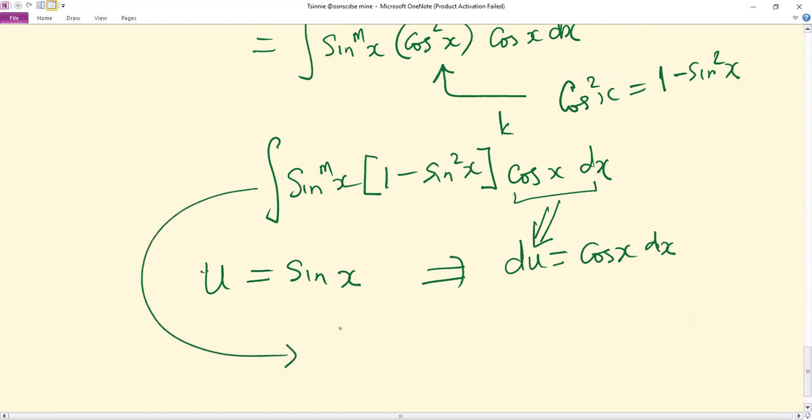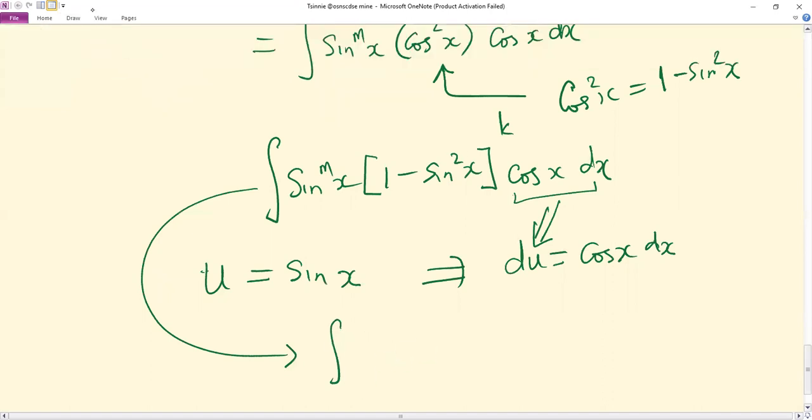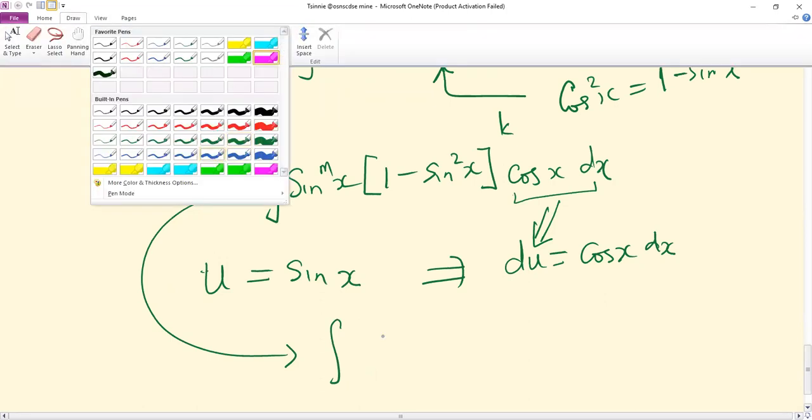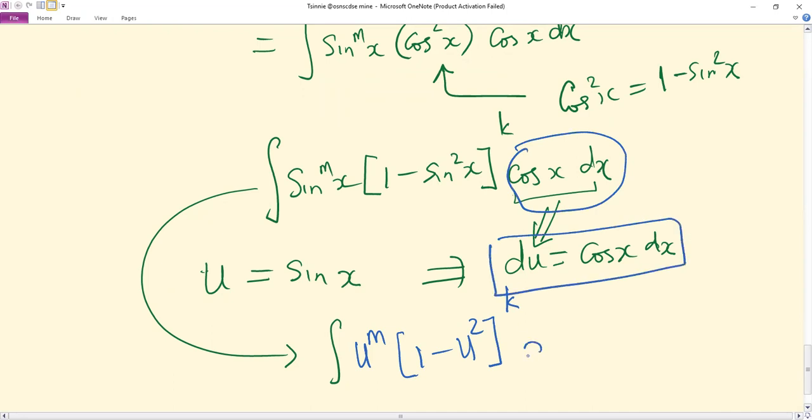Now the integral will be sine power m x. Okay, so sine is the same as u, so this will be u raised power m, into 1 minus u squared power k, and then all this part is the same as du, as we have seen from this du.